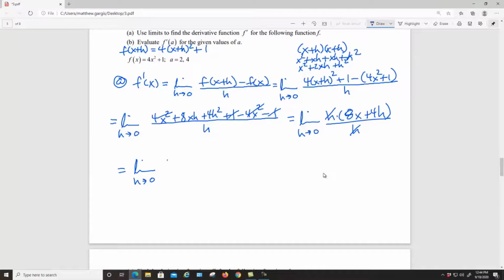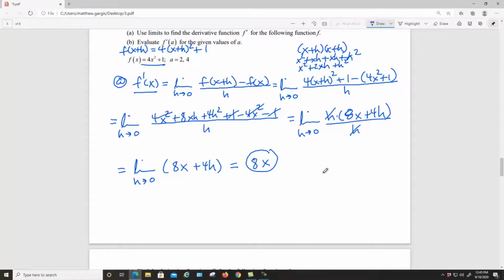So I'm left with the limit of, as h approaches 0, of 8x plus 4h. Now I can just plug in the 0, and that will get me 8x. So f prime is equal to 8x. So the derivative function for this function is 8x. So 8x produces the slope of the tangent line for any point on that function.